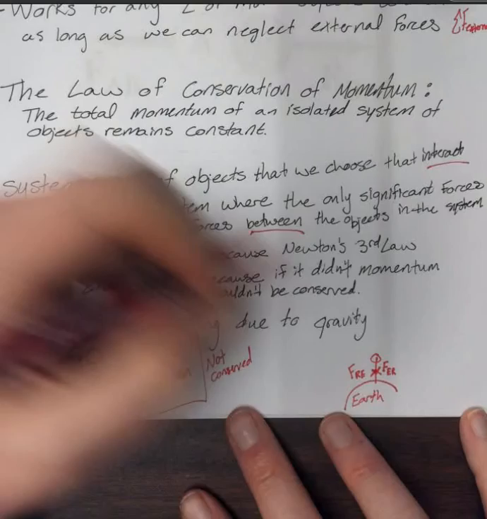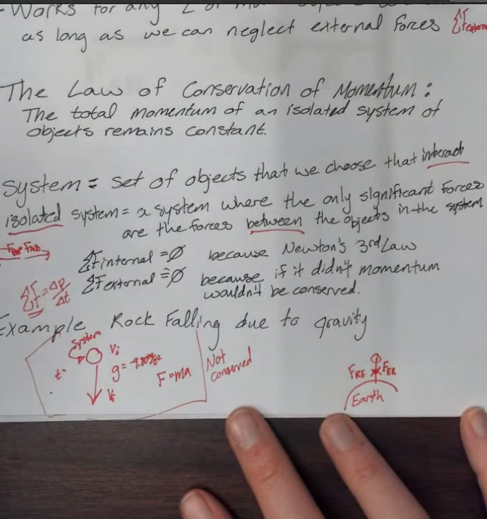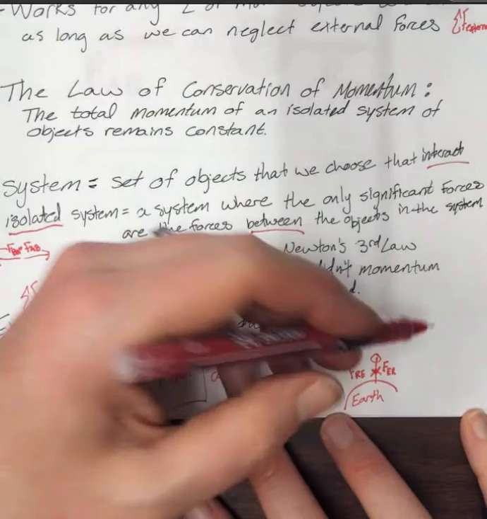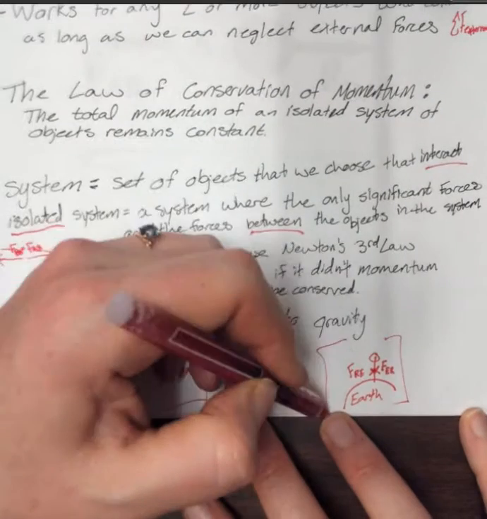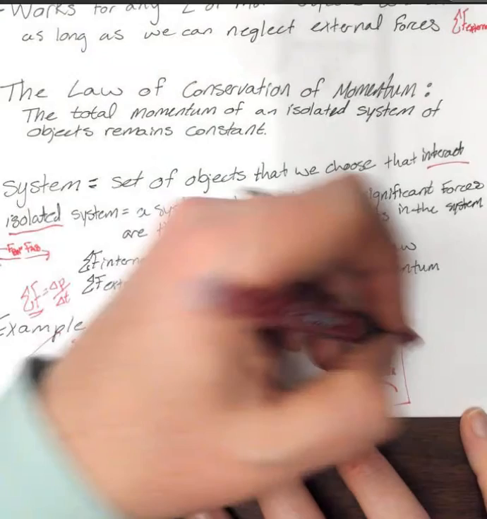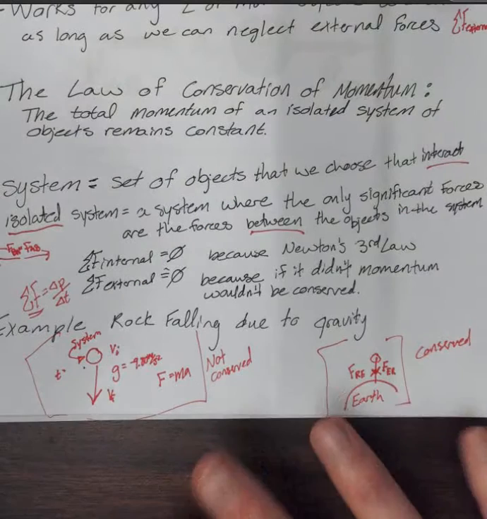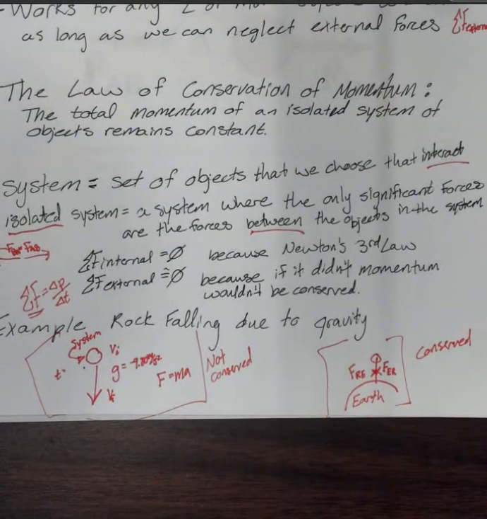And those two forces by Newton's third law are equal and opposite, which means that if we neglect air resistance, now the net force is equal to 0, and the momentum is conserved within the Earth-rock system because no external forces added up to change the momentum.